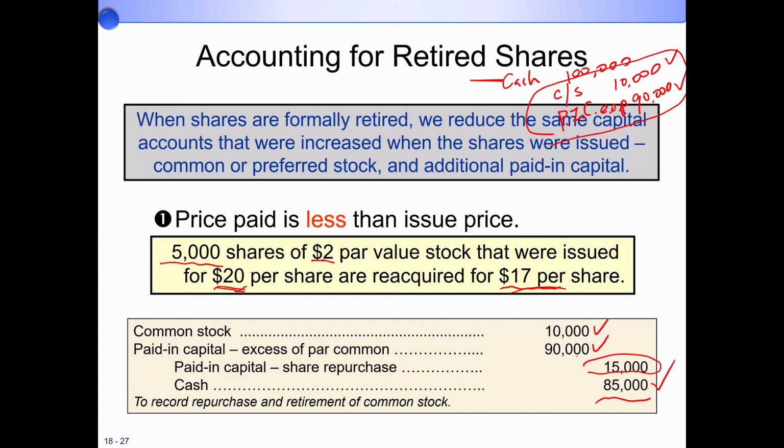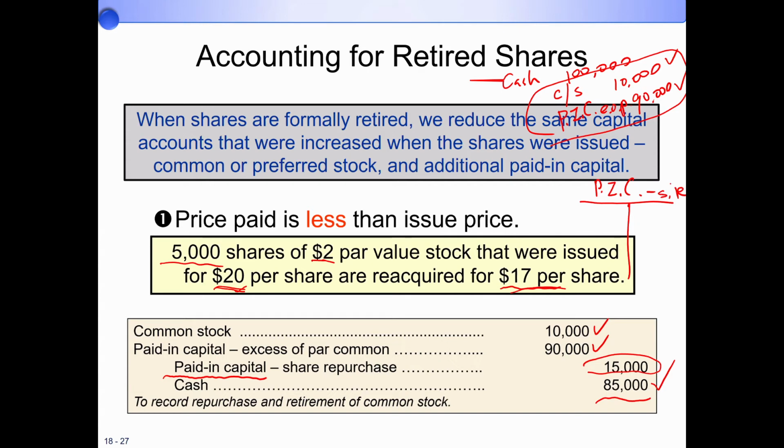So which is what? Which is our paid-in capital, right? That's the definition of paid-in capital: it comes from the owner. So that's why this $15,000 you're going to credit to paid-in capital, because this is a special paid-in capital. We call it paid-in capital, share repurchase.